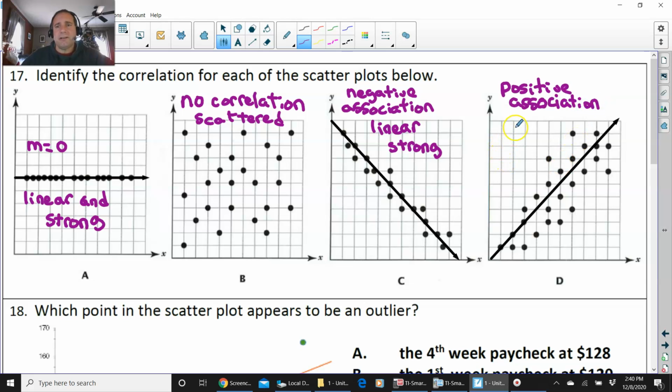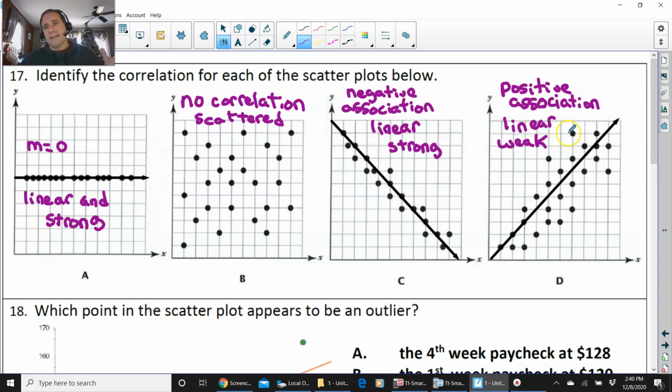Positive association. It is linear, but I am going to put that this is weak.